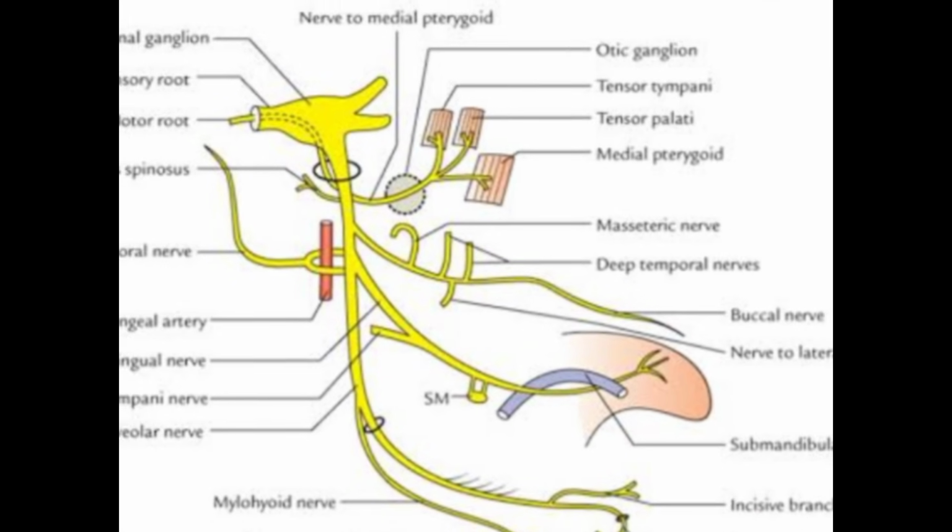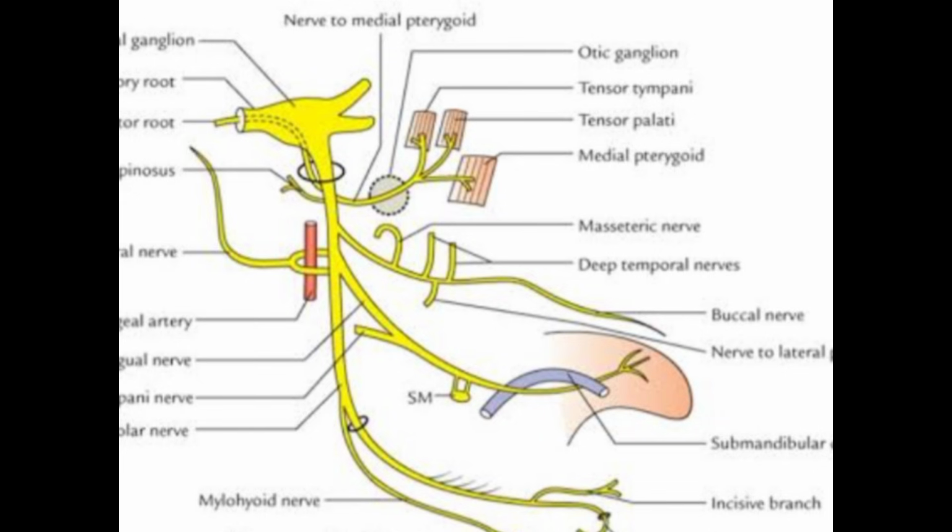Observe this picture. This is the mandibular nerve. The mandibular nerve divides into anterior division and a posterior division. From the anterior division, you get one sensory branch, and that is the long buccal nerve.